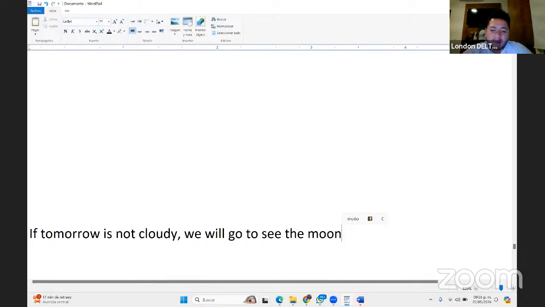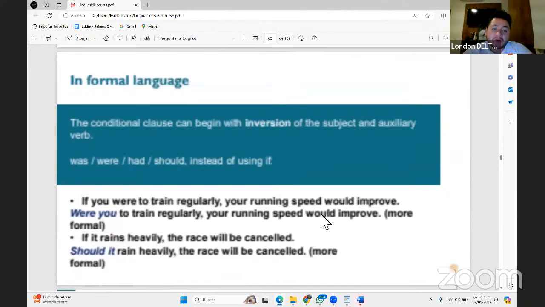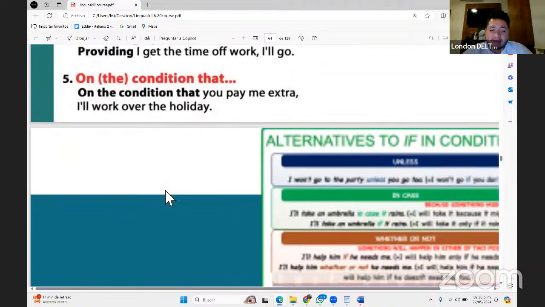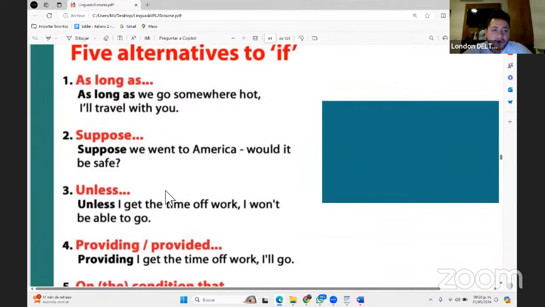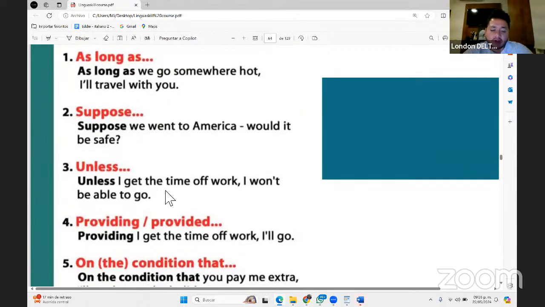We can use some words or vocabulary when you talk about if, right? Some of them you can see here. We have as long as, we use the expression as long as, right? For example, tomorrow, as long as it's not cloudy, we will go to see the full moon. Suppose, right?